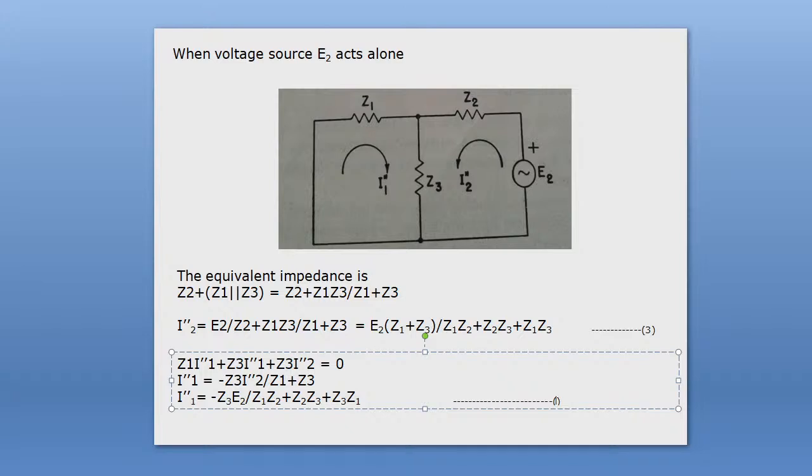That expression will be the same as whatever you obtain by considering individual sources E1 and E2.